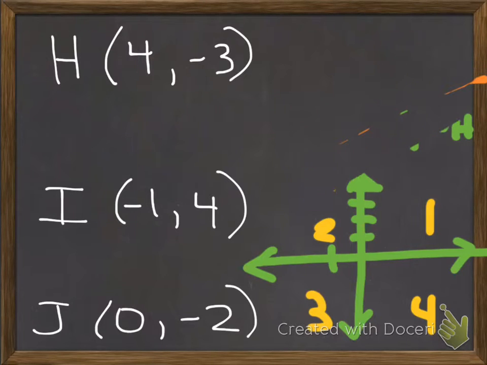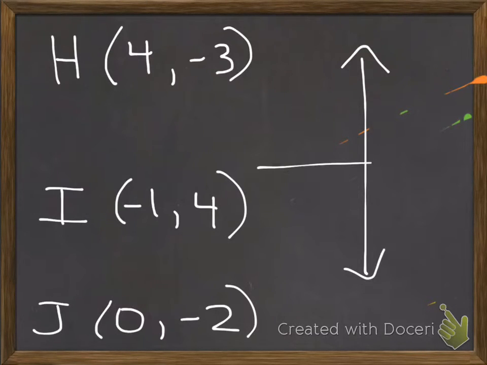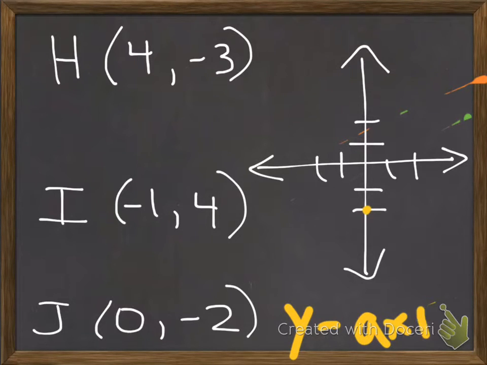So that will be on the y-axis, because we talked about when x is 0, it's on the y-axis, and when y is 0, it's on the x-axis. I go nowhere on the x-axis, that indicates the 0, and then I'm going to go down 2 on the y-axis, which is the -2. So this is actually not in a quadrant. We would just put that it's on the y-axis, if that's the case.